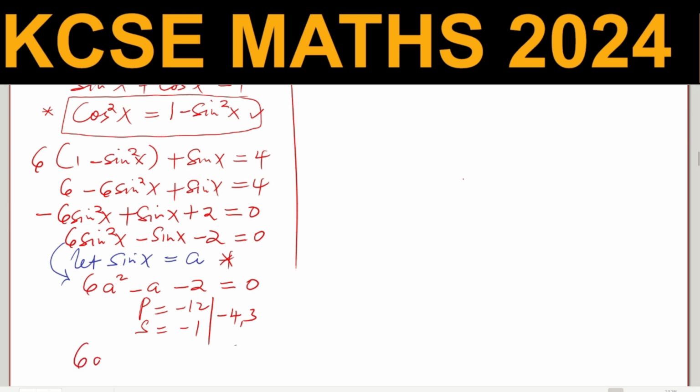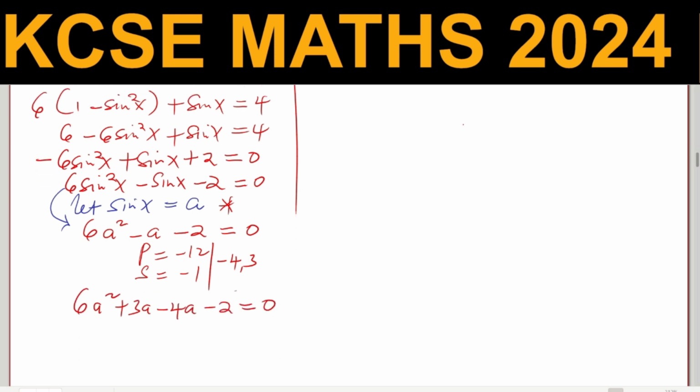So I have 6a squared plus 3a minus 4a minus 2 equals 0. Factorizing, 3a is common, so you shall have 2a plus 1, then minus 2 is common, 2a plus 1 equals 0.